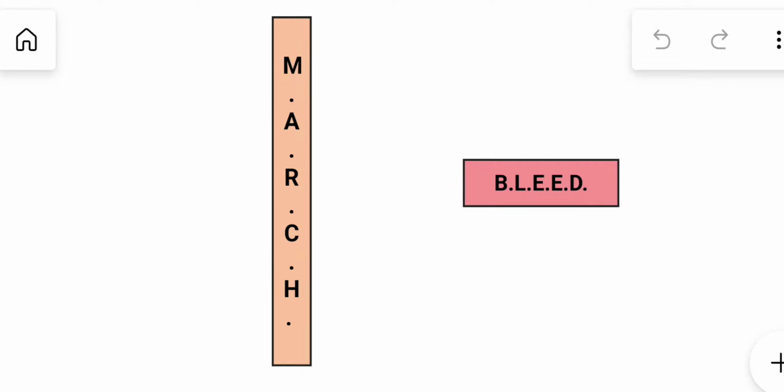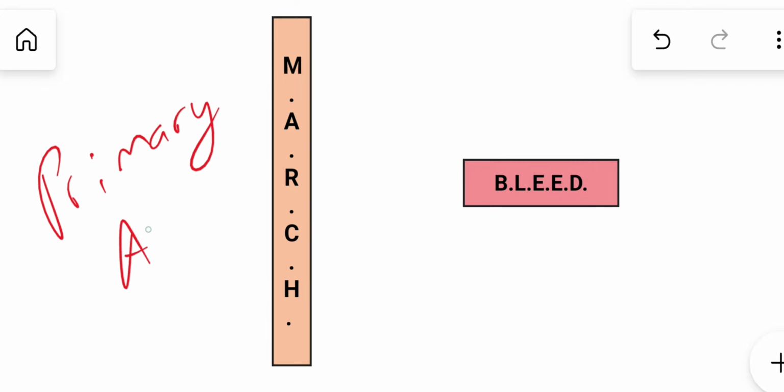So that being said, we're always going to start with it because MARCH is our primary assessment matrix, okay? So we're always going to start with MARCH.